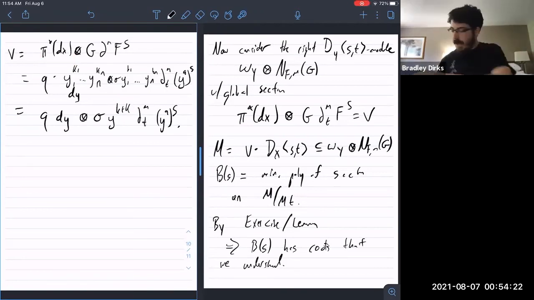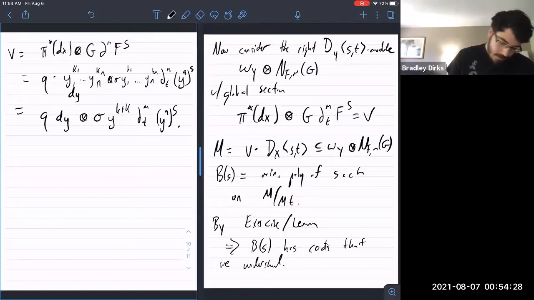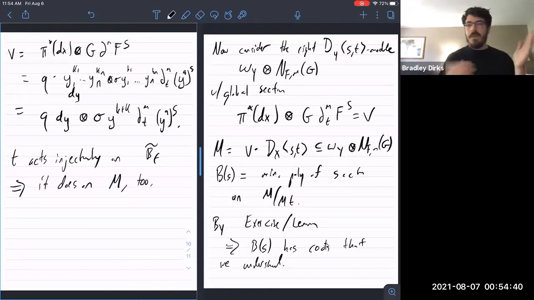I'm going to have to go pretty quickly to finish this. Okay, t acts injectively on this, so that implies it does on M. When you side change, you don't really change this multiplication by regular functions so much.